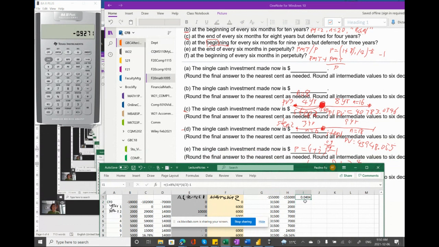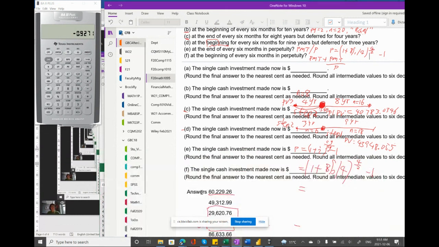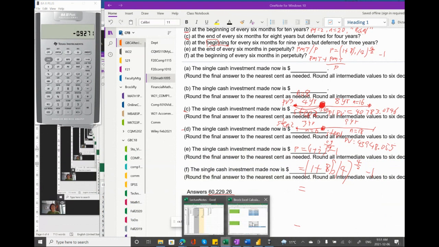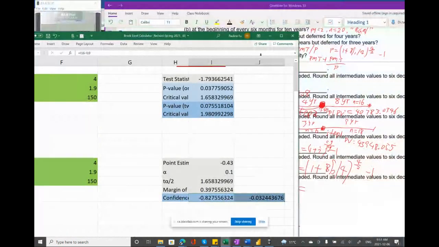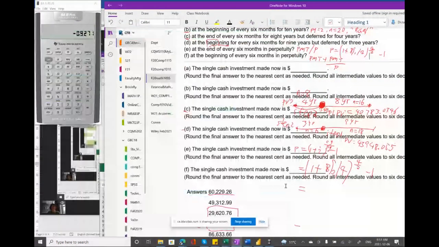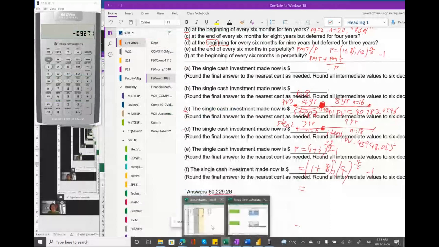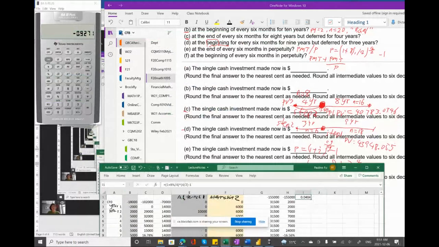But this should be the number, 0.0404 is P. This one should be 4 over 2. So my Excel result is 0.0404.